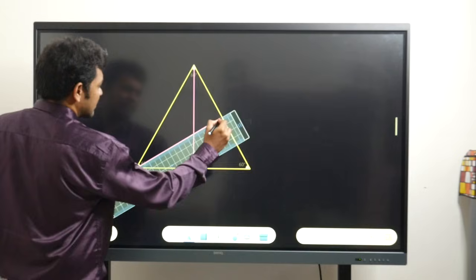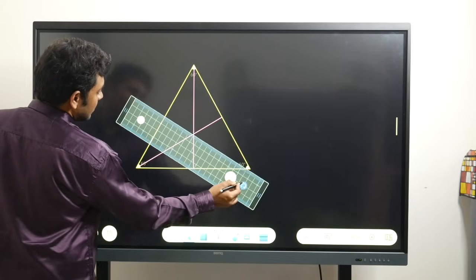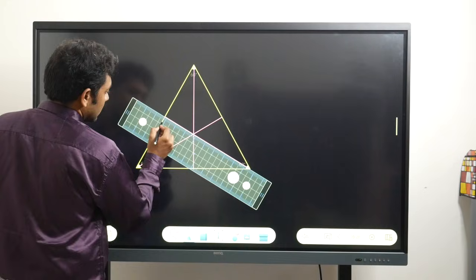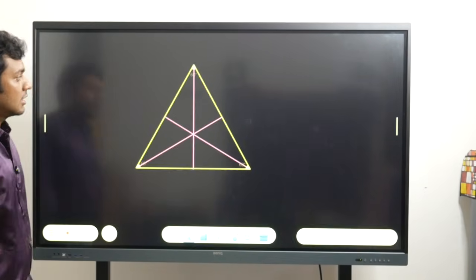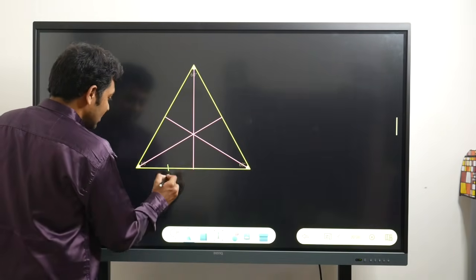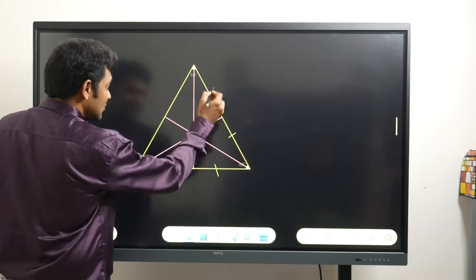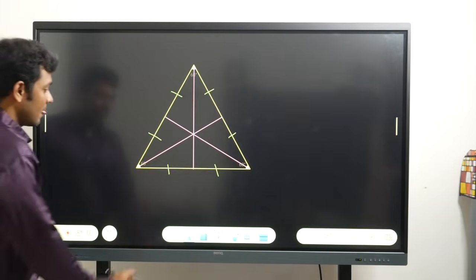It's easy for you to understand when I do this properly. So similarly, I'll draw the third median to this side. All three meet at this particular point. Now, since it's a median, I know these two sides are equal. These two sides are equal. These two sides are equal. Right?